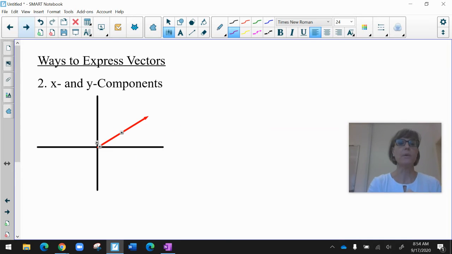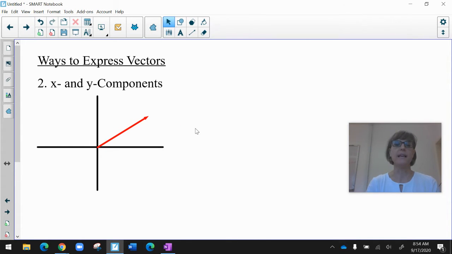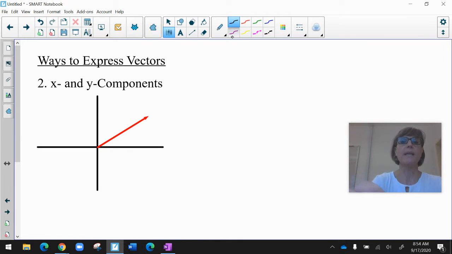I can also express my vector in terms of its x and y components. Again, I have my vector r, and it makes an angle theta with the positive x-axis. I can fill in the axes here.